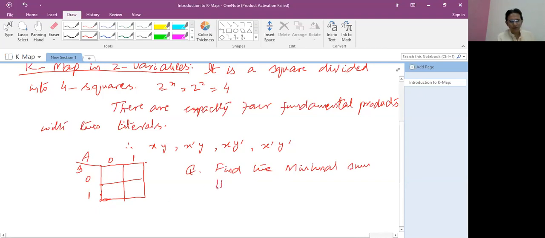Use a K-map to minimize the sum of products expansion. This is our question.